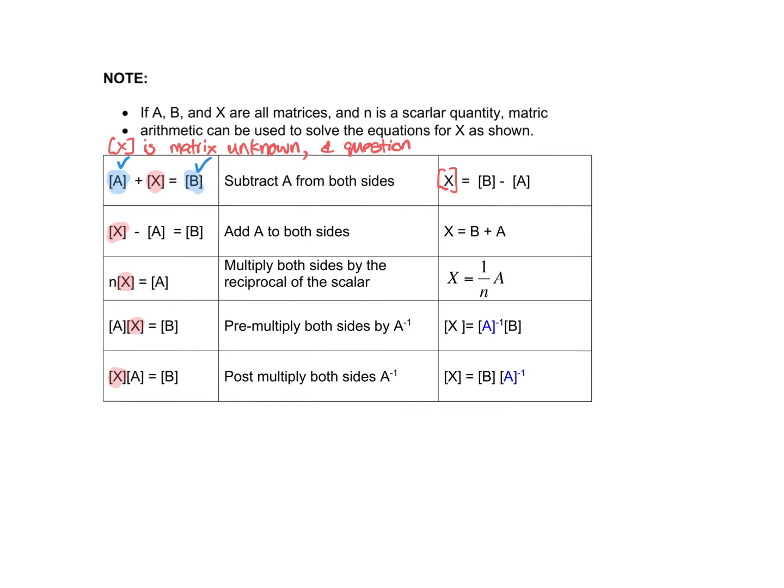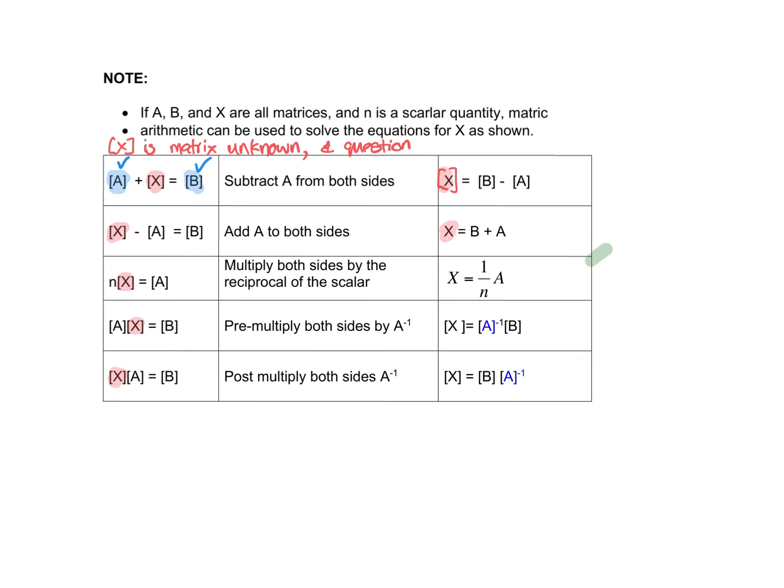And then the next one, obviously, if you had X minus A, X is the one that you don't know, so you would find it by adding A to B. All right, with the next one, I'll do a little example.